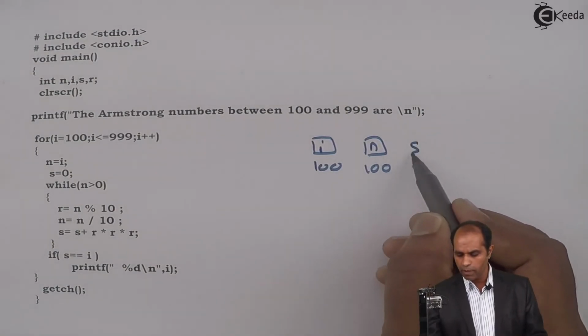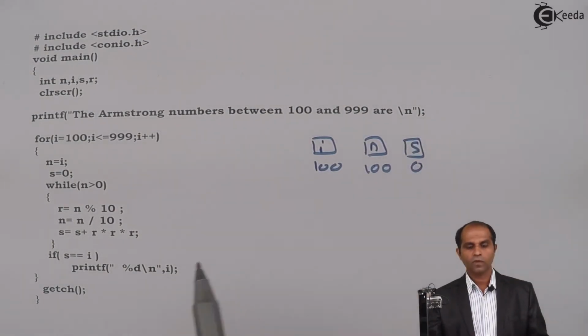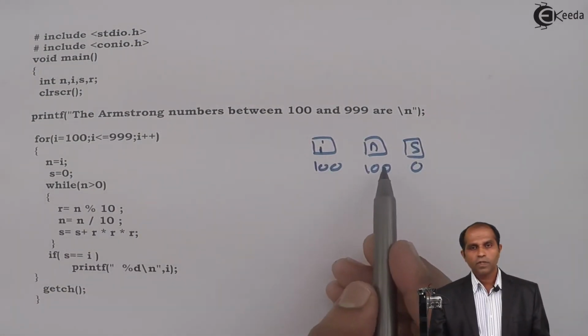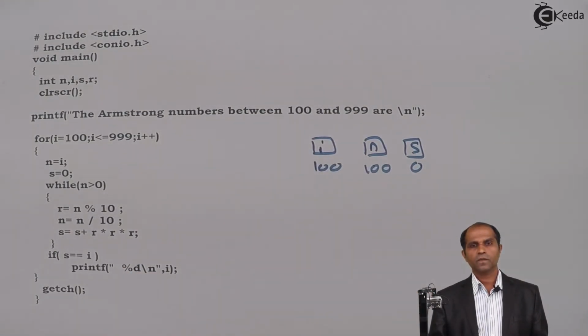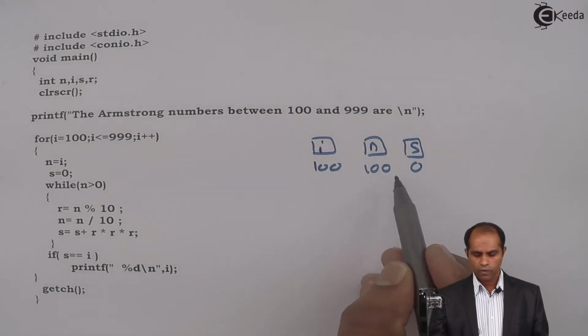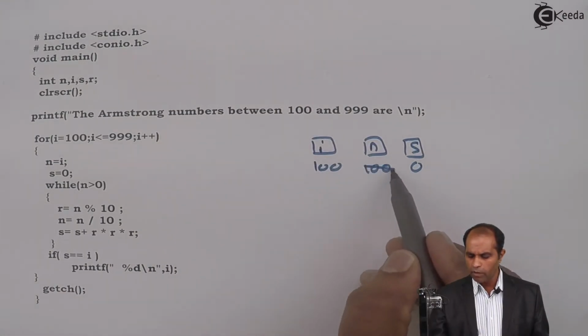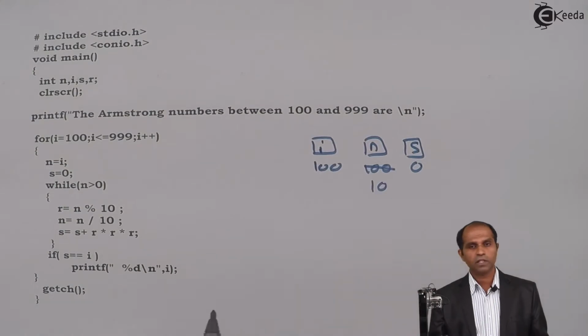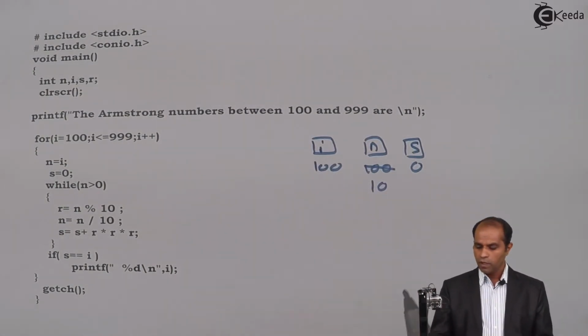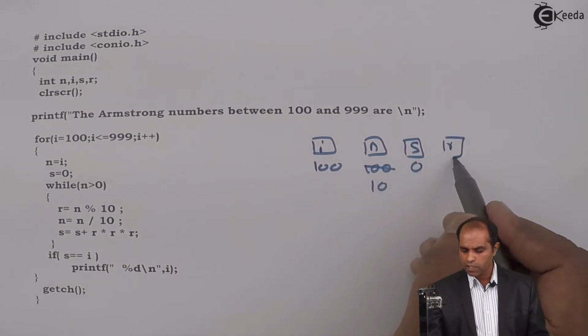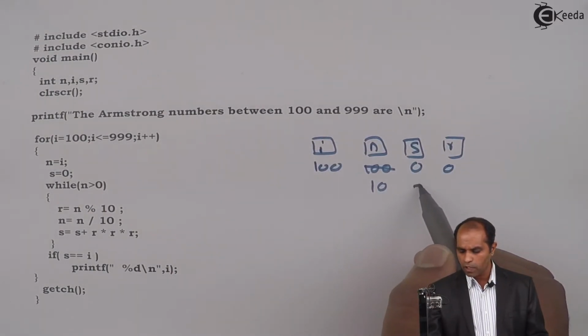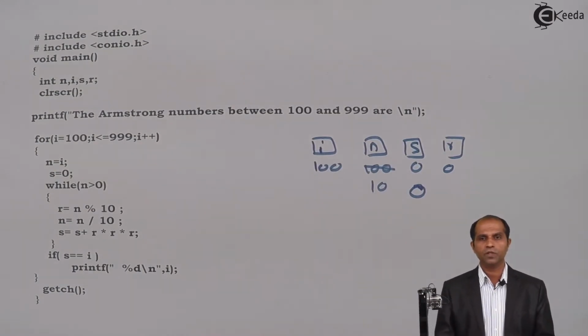Let's take the sum variable s as 0. So n greater than 0: is 100 greater than 0? True. 100 mod 10 will get you 0. So n equals n by 10; n reduces to 10, because 100 by 10 is 10. s equals s plus r cube. In this case r was 0, so s plus r cube is 0 cube, that is 0.